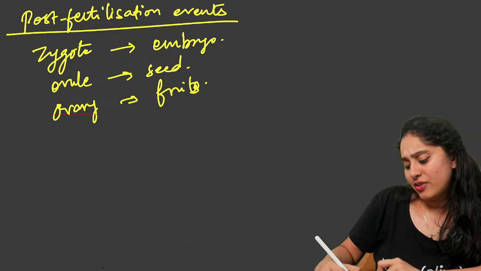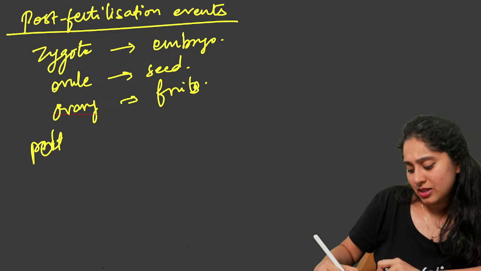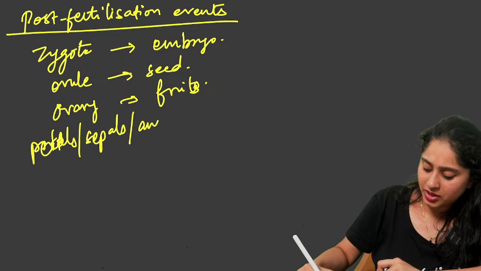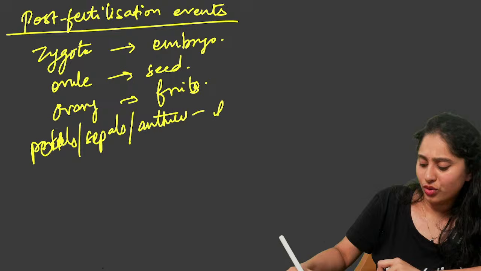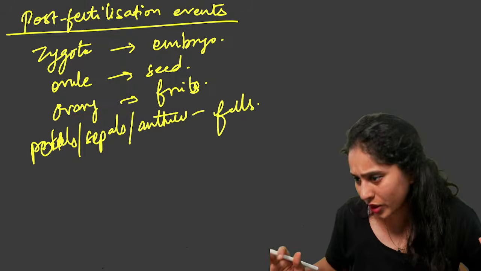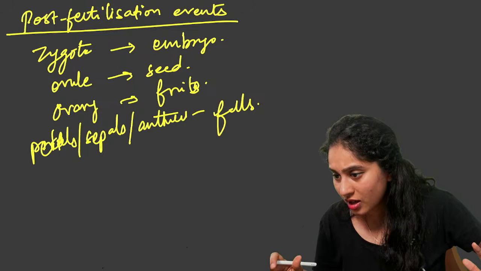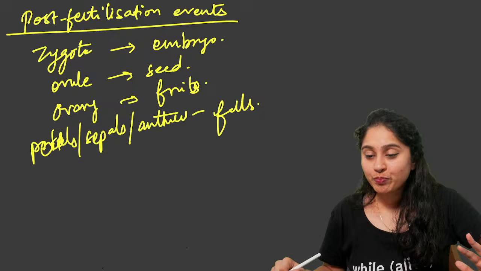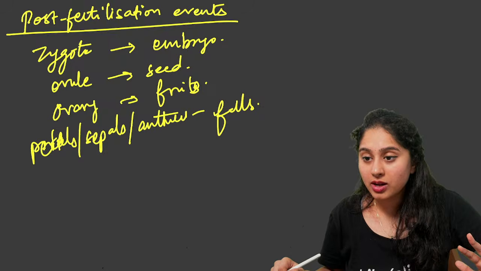Apart from that, the petals, sepals and anthers will all just degenerate and fall off. Is that understood? Clear, everybody? Any questions so far?